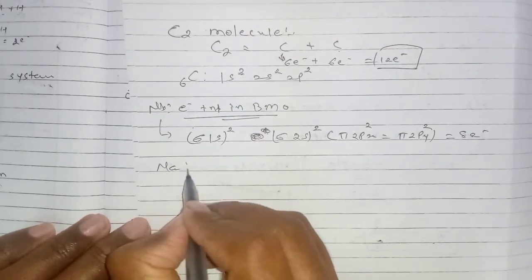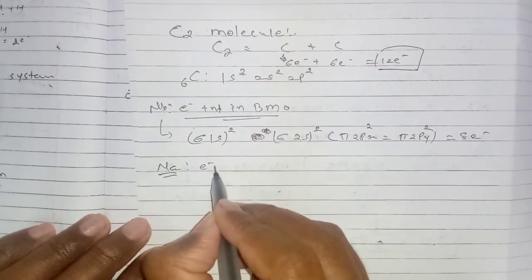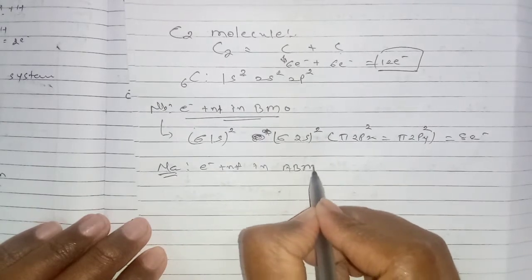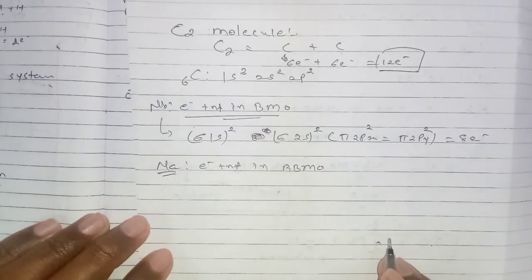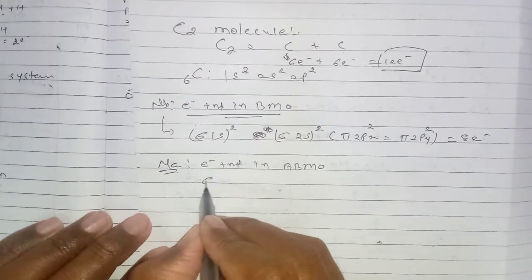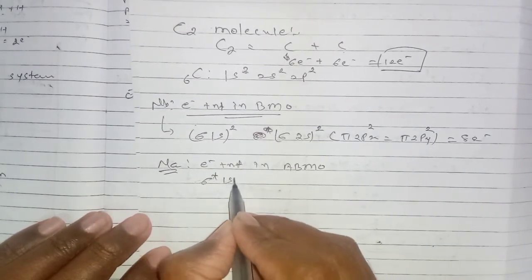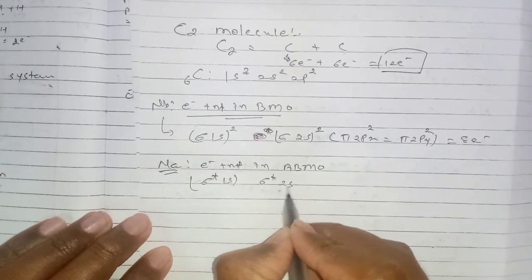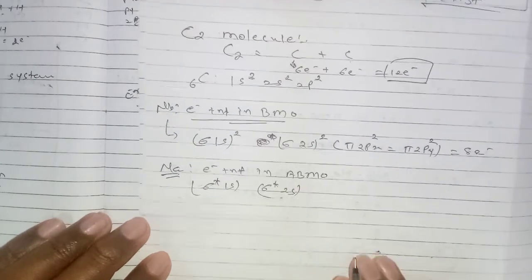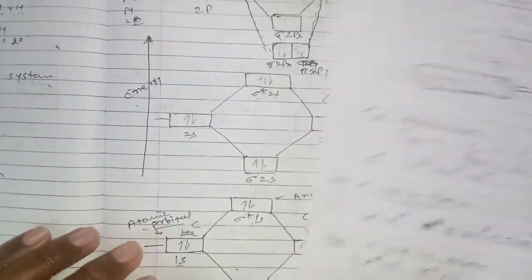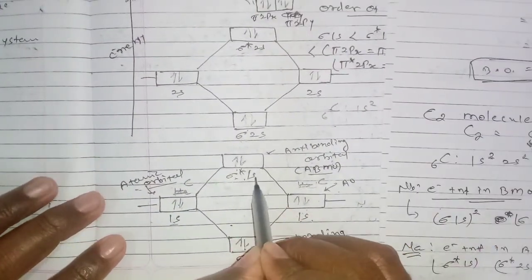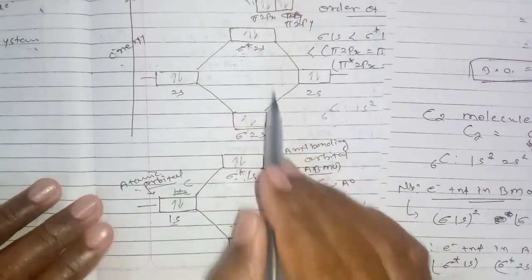Now the electrons present in antibonding molecular orbitals: sigma antibonding 1s and sigma antibonding 2s.